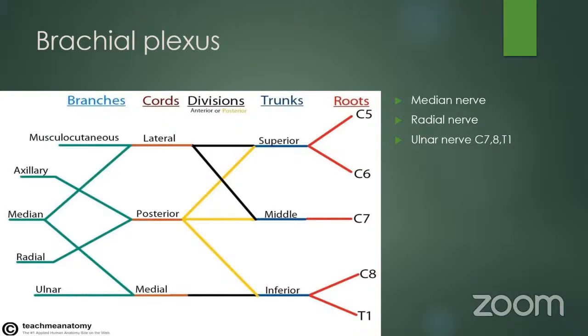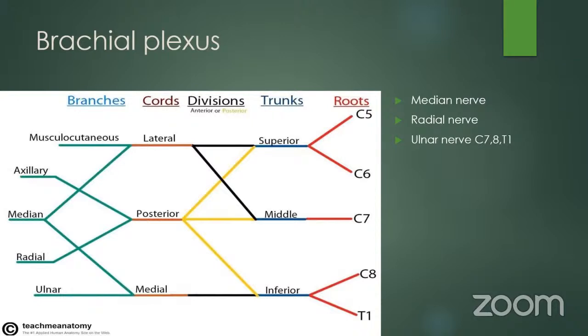It's formed by the ventral rami of these nerves. The roots C5 and C6 join to form the superior trunk. C7 continues as the middle trunk, and C8 and T1 join to form the inferior trunk. They lie between the scalenus anterior and scalenus medius.